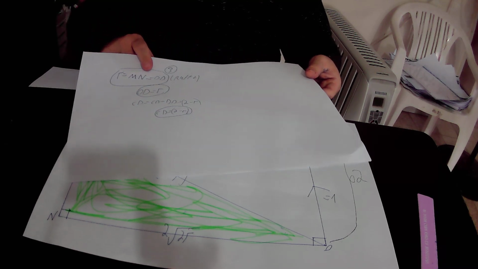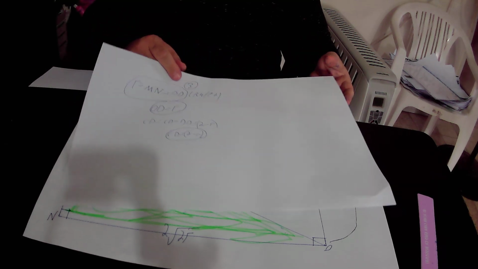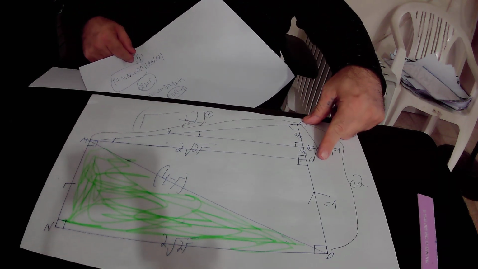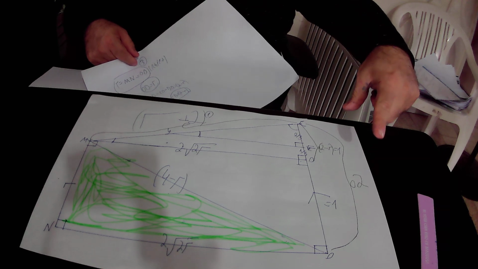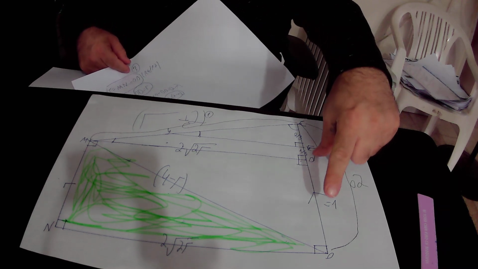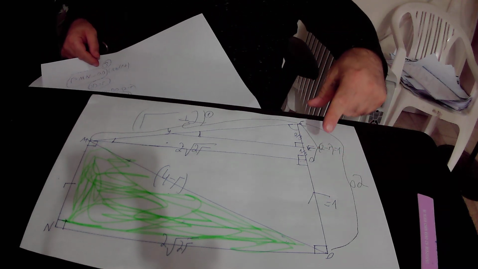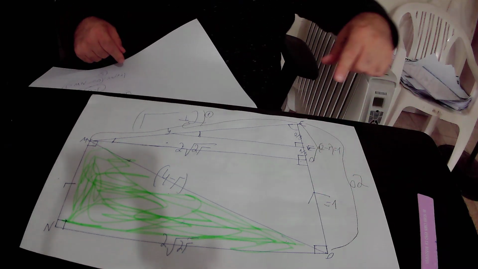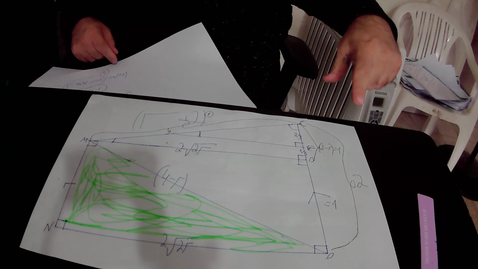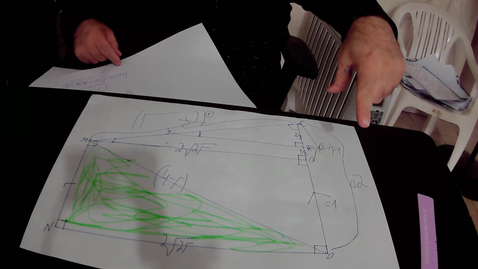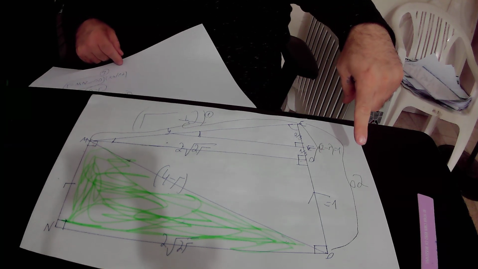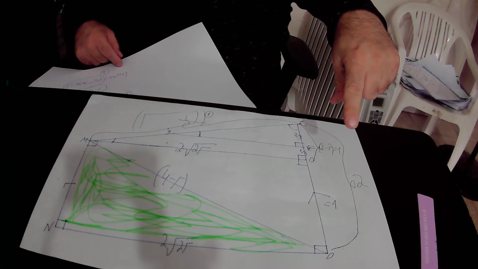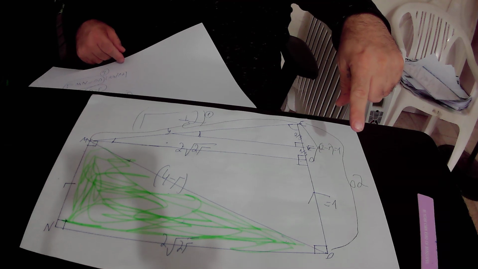And what is the size of CD? The size of line segment CD is actually CO minus DO. Again, CD equals CO minus DO. And we know that CO is the radius of the middle circle, that is to say it equals 2 units. And DO equals R, the radius of the small circle.